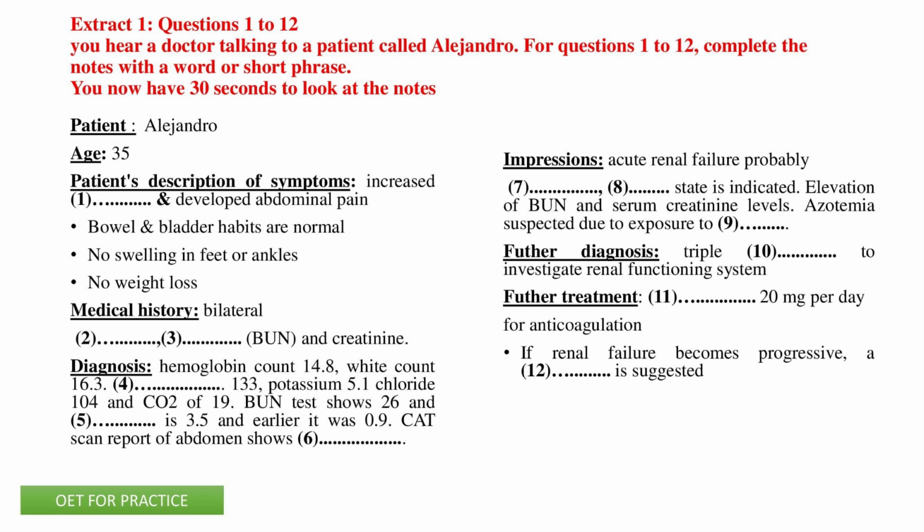I think you have acute renal failure, probably vein thrombosis. Hypercoagulable state is indicated. Deep venous thrombosis with pulmonary embolism. Probably you have developed azotemia due to elevation of blood urea nitrogen, BUN, and serum creatinine levels.